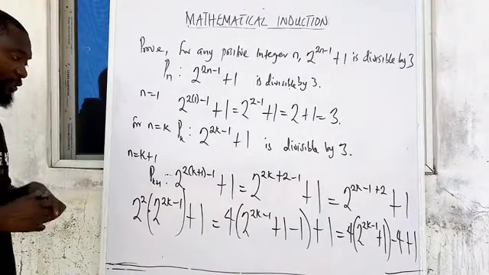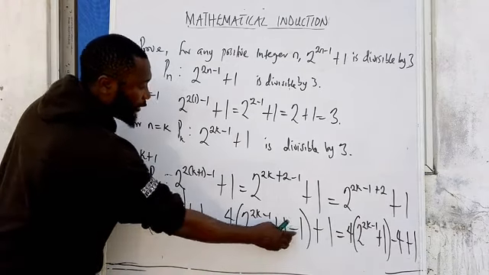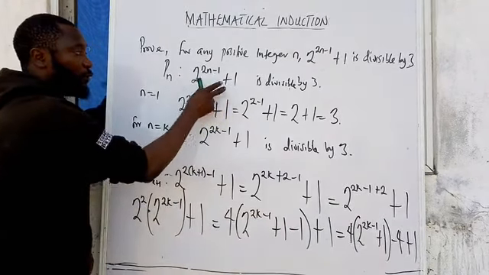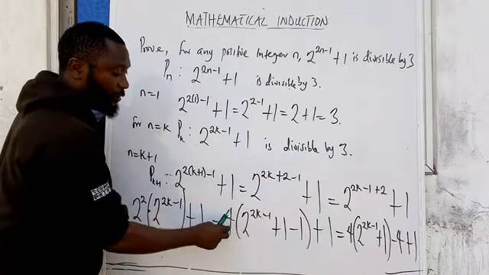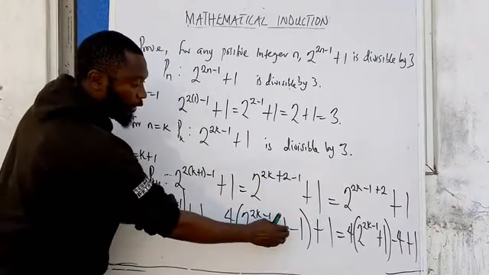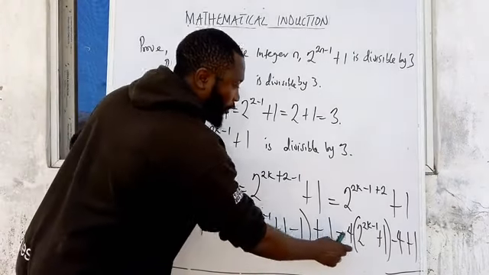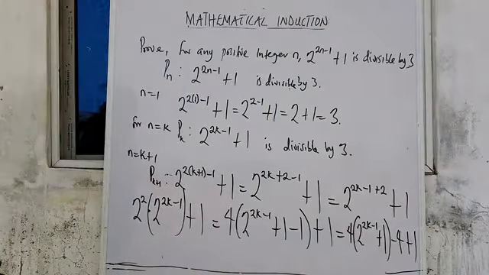What I did here is, I used 4 to multiply both here. Since they are similar to where we are going, we know that this is divisible by 3. So now I carve away this so that I have 4 times minus 1, which is minus 4. Then plus 1, which is outside. And minus 4 plus 1 is negative 3.